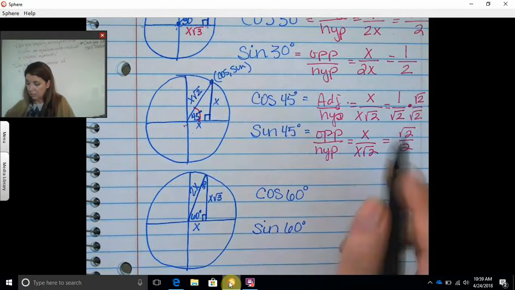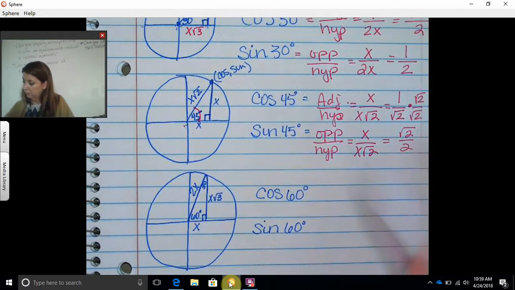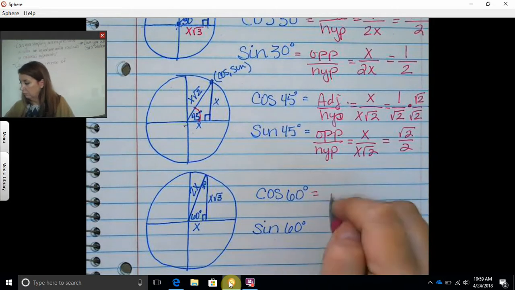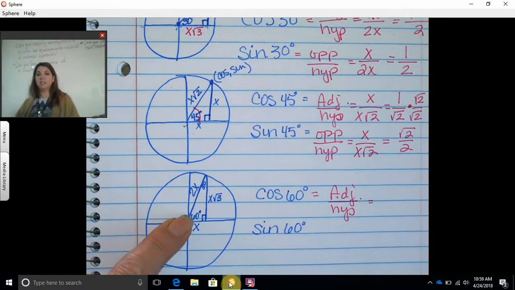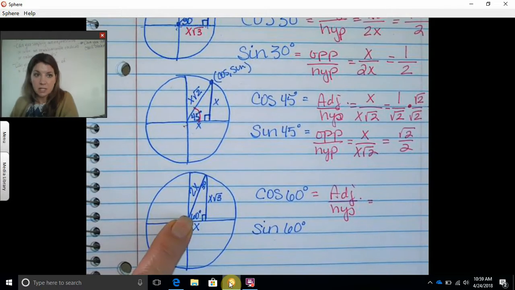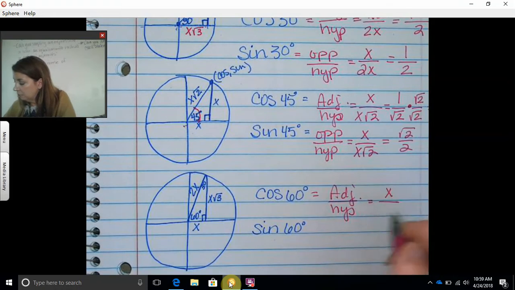So cosine is adjacent over hypotenuse. So 60-degree angle, what leg is adjacent to it? X, and the hypotenuse is 2x, so that leaves me with 1/2.